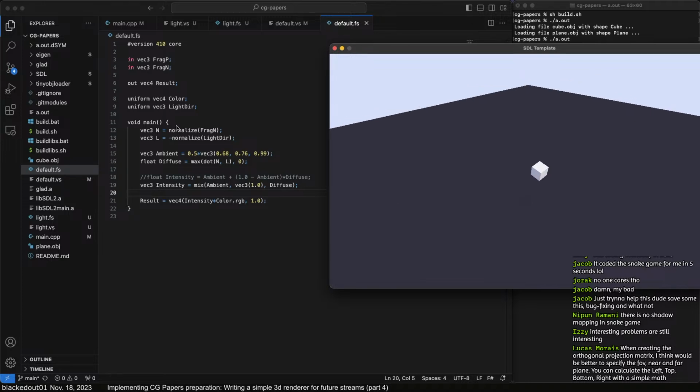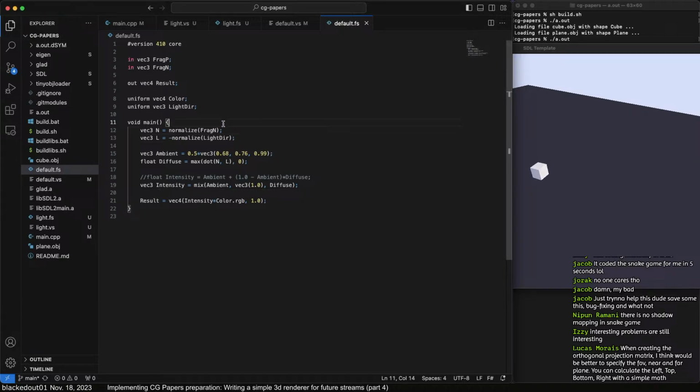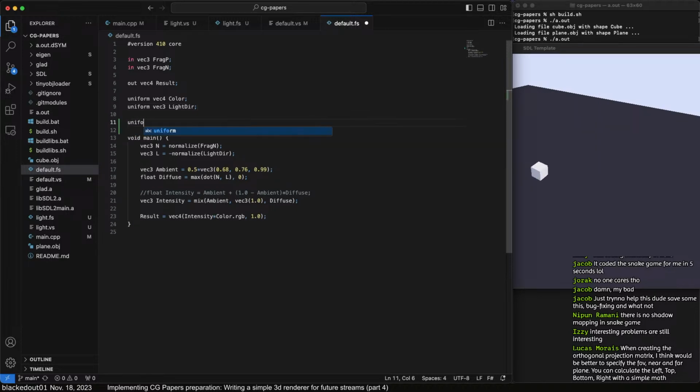So this is also where the check if the pixel is in shadow must happen. And for that we need a uniform. The textures have a special type in GLSL. In this case, we have a sampler2D. This is what these textures are called in the shader. And for example, we name this light depth text.